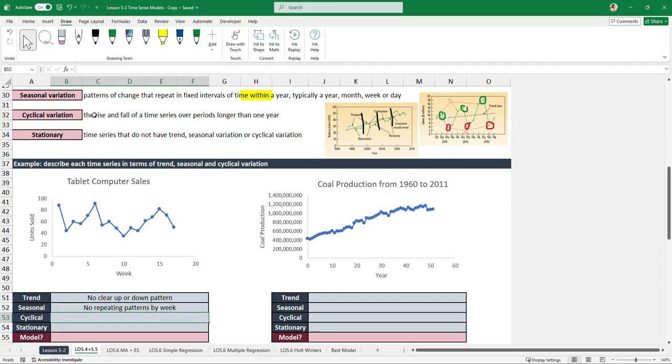For cyclical variation, this has to be in periods longer than 1 year. This is only less than half a year of data. It's like 17 weeks worth. We have 52 weeks in a year, so yeah, we're quite a bit less than half a year. So you cannot say you have cyclical variation if you do not have data collected longer than a year.